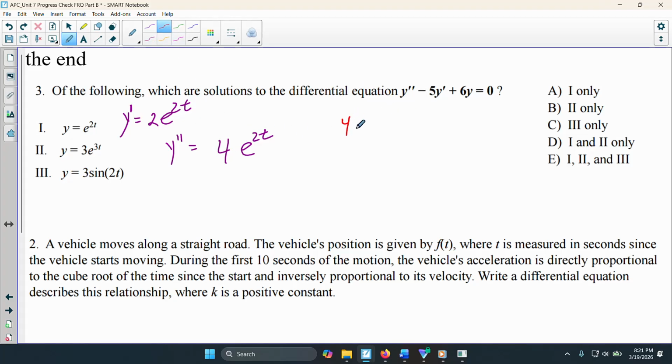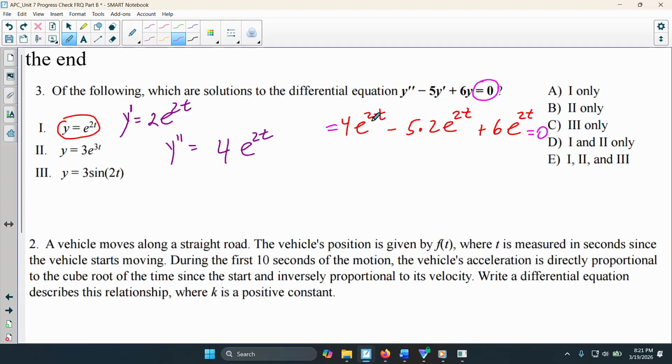It's 4e^2t minus 5 times this first derivative, so it's 5 times 2e^2t, and then plus 6 of the original y, and this is the original y, so this is e^2t. And the question is, is this equal to 0?